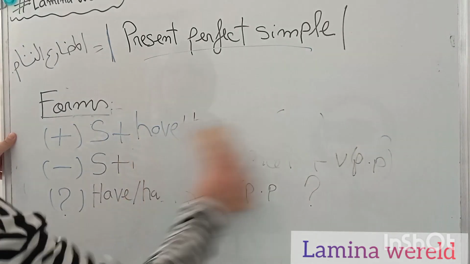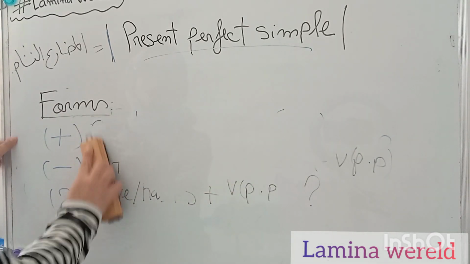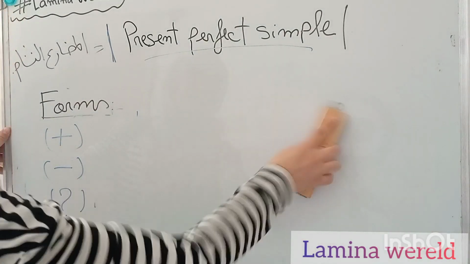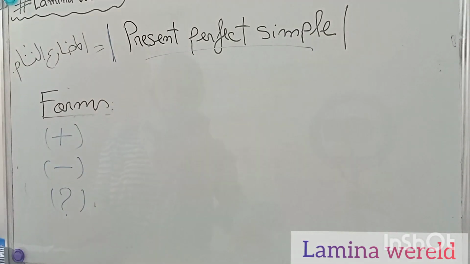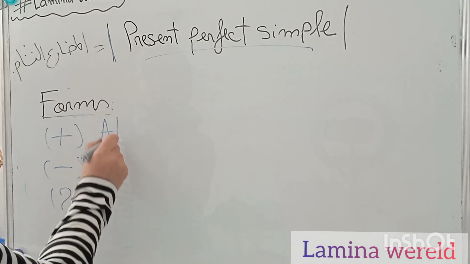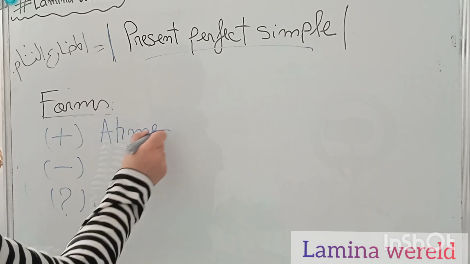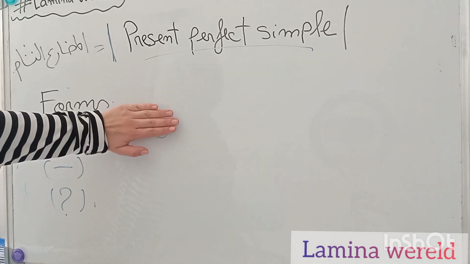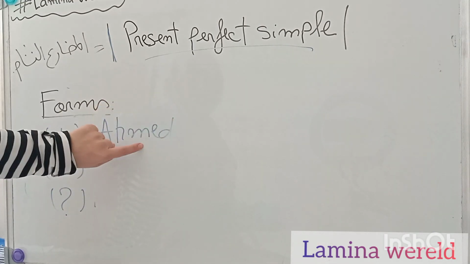I will give you a sentence in the affirmative one, okay? And you will keep the same sentence but change it to the negative. Ahmed. So Ahmed, if you want to know the right pronoun of Ahmed is he, so I can replace Ahmed with he.